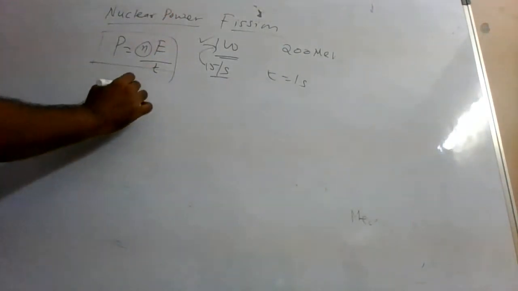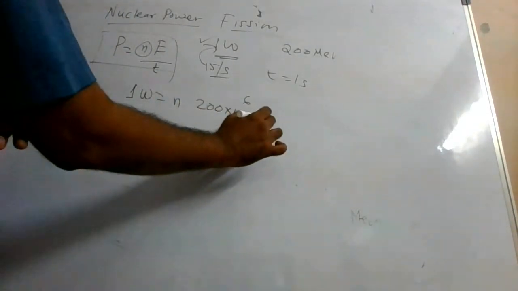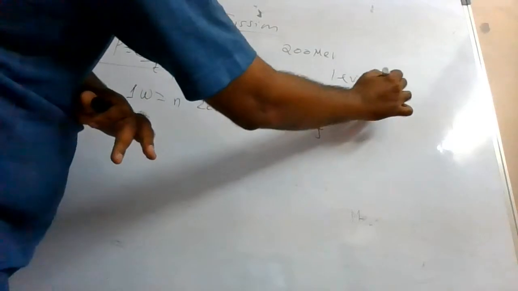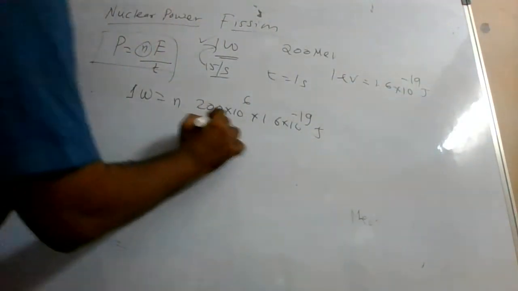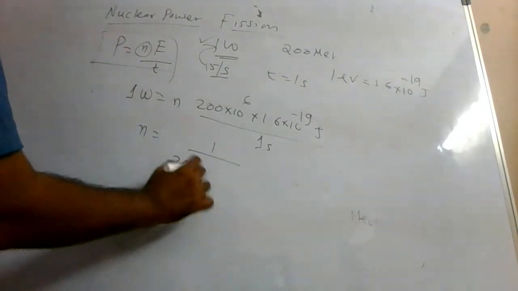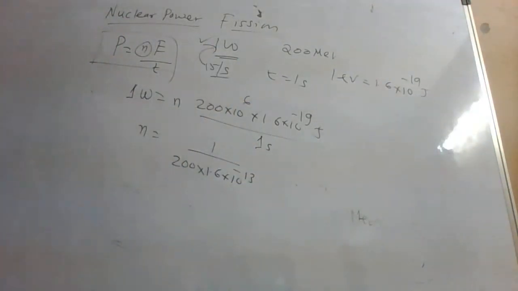So let us just calculate. 1 watt is equal to N into E, which is 200 into 10 to the power of 6 into 1.6 into 10 to the power of minus 19 joules, since 1 electron volt is 1.6 into 10 to the power of minus 19 joules, divided by 1 second. So N is equal to 1 divided by 200 into 1.6 into 10 to the power of minus 13.